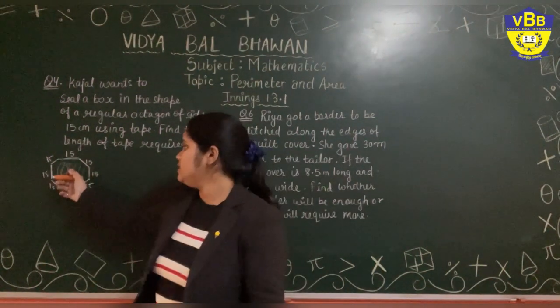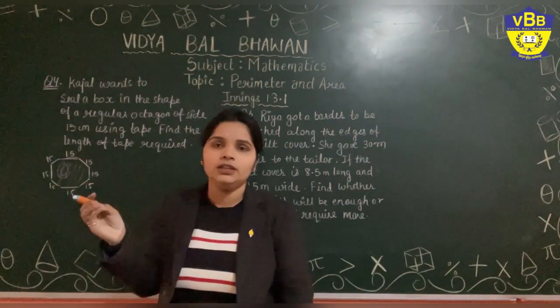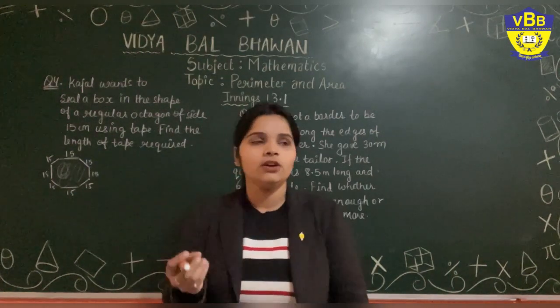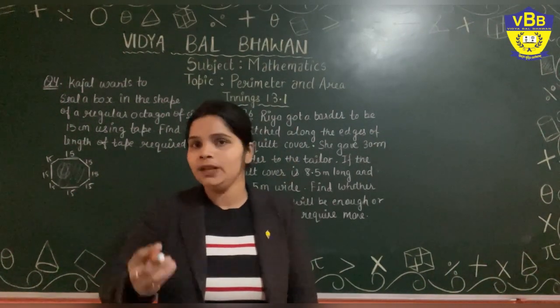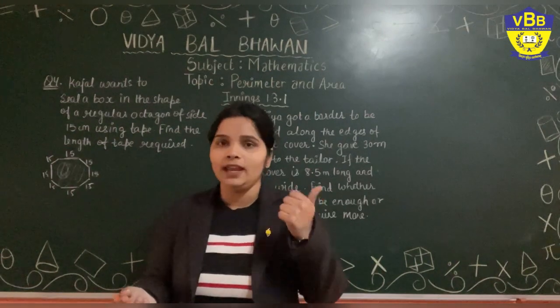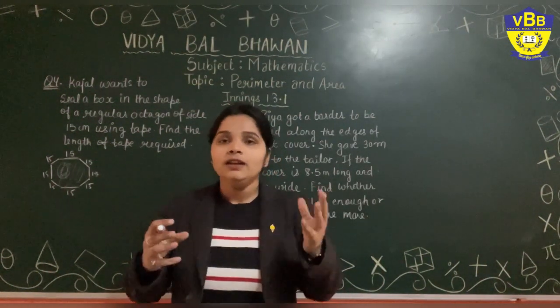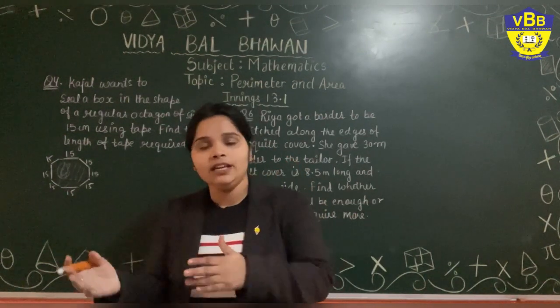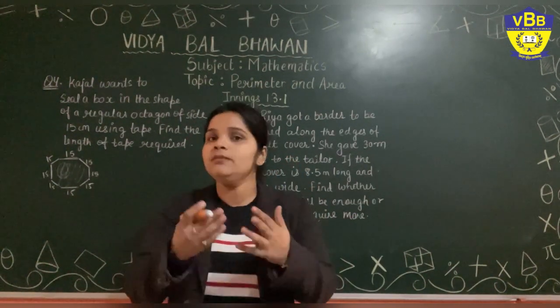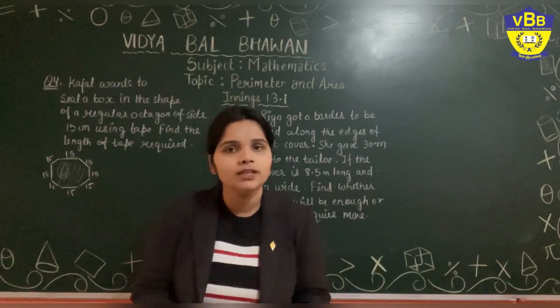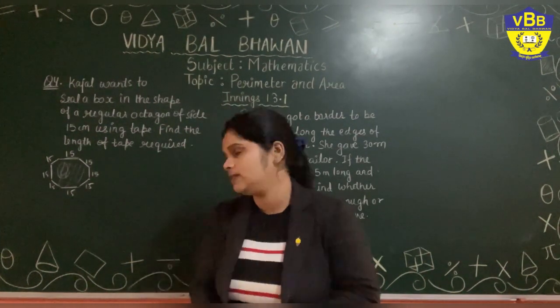What is the formula of perimeter of a regular octagon? That is 8 multiplied by side, because an octagon has 8 sides, all of them equal. We can add 15 eight times or we can do 15 multiplied by 8, because repeated addition is multiplication.